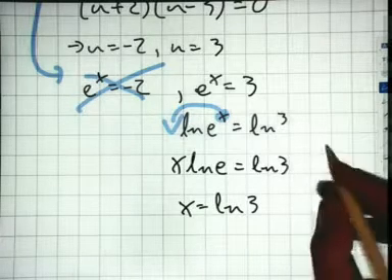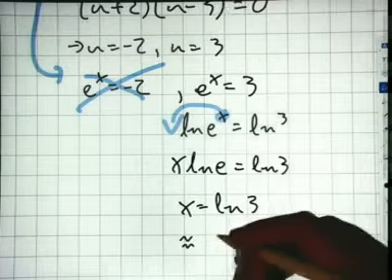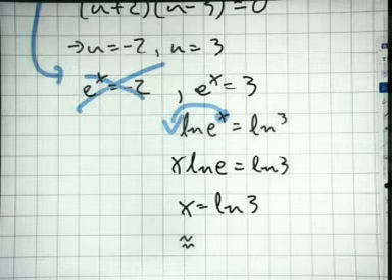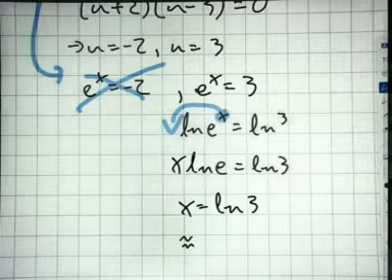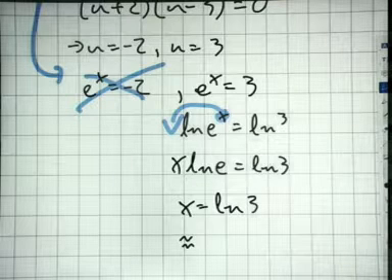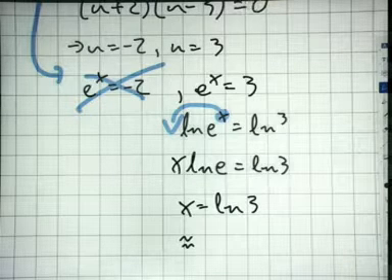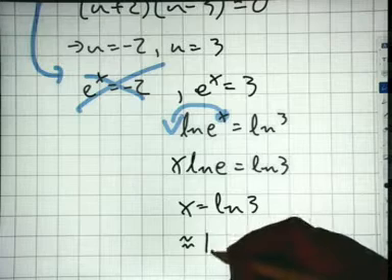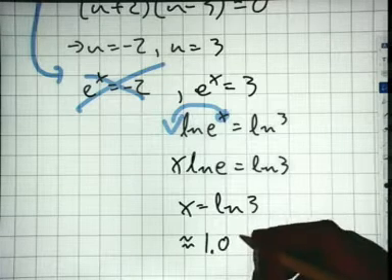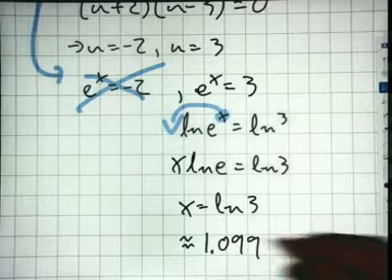Now, it says to round to 2 decimal places if necessary, or 3 decimal places. So in my calculator, I'm going to do the natural log of 3. And I get 1.099.